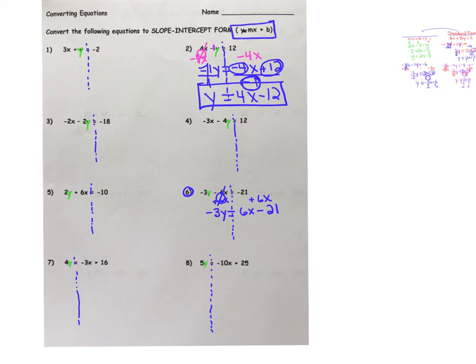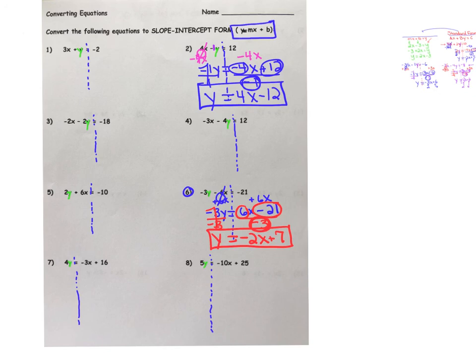Now eliminate the negative 3 coefficient. Divide both sides by negative 3. We get y equals 6 divided by negative 3 is negative 2x, and negative 21 divided by negative 3 is a positive 7. Y equals negative 2x plus 7.